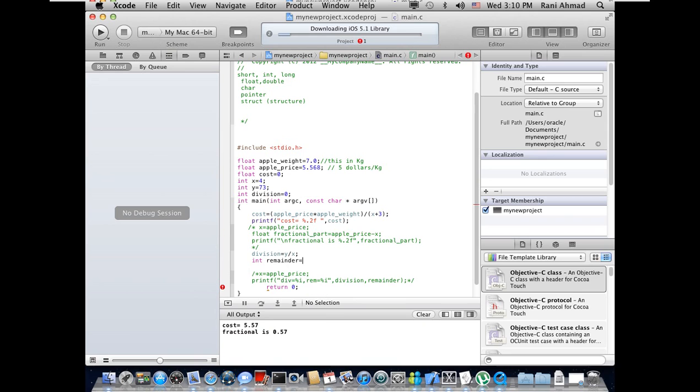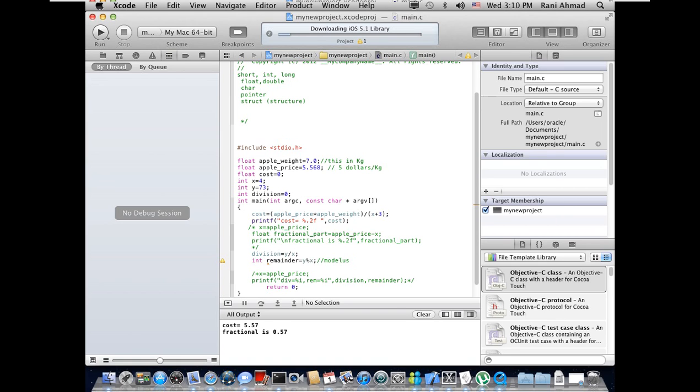Okay, not division, sorry. It is y percent x. So this is the remainder of the division of y by x. This is what we call in math terms the modulus.